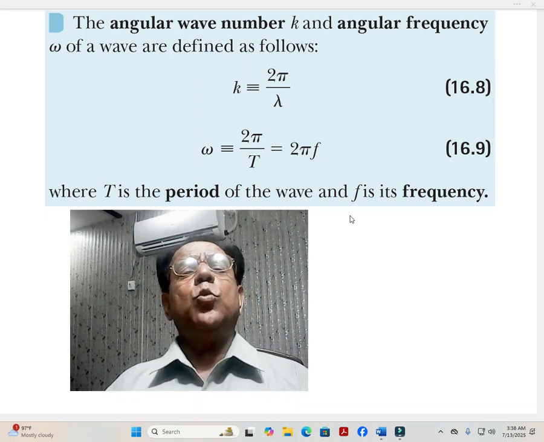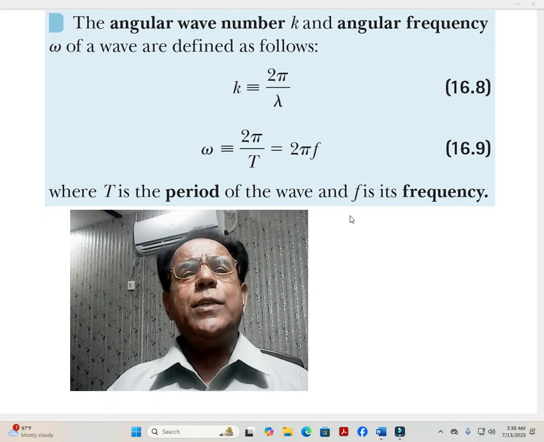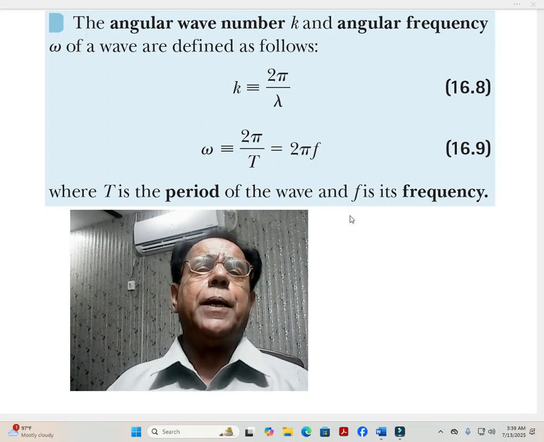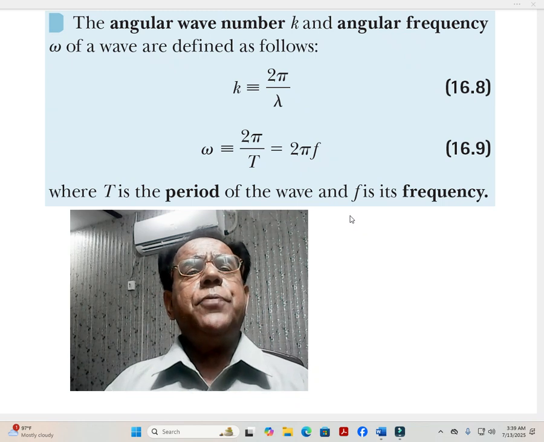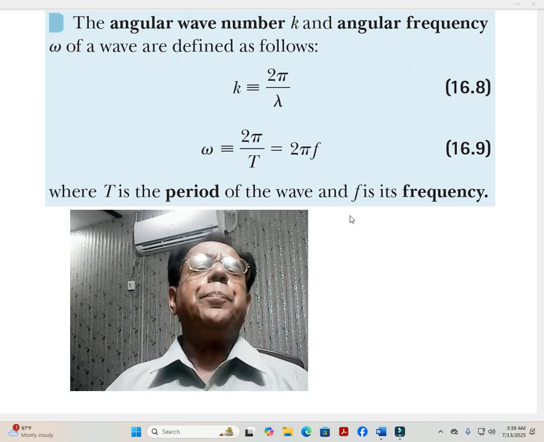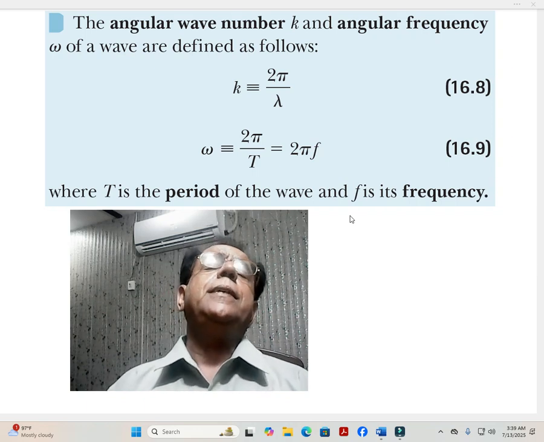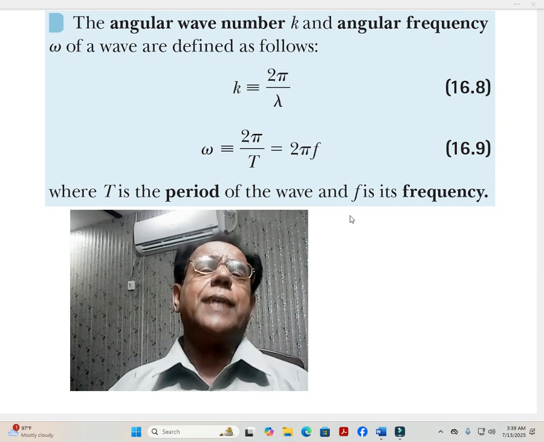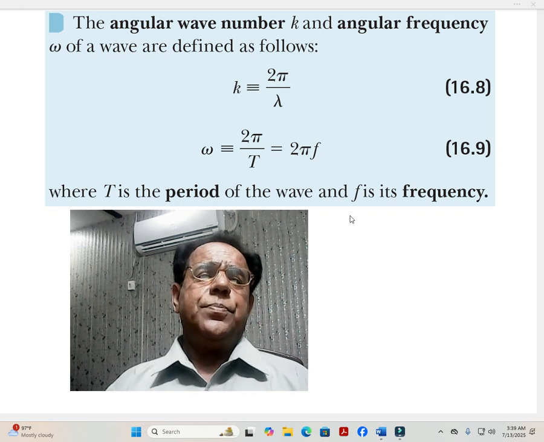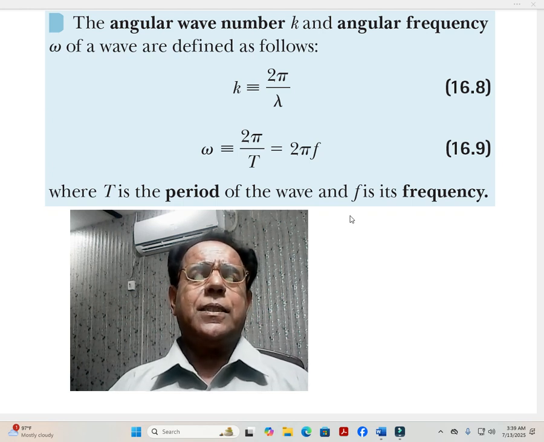The three lines denote that k may be treated as equal to 2 pi over lambda, or defined as 2 pi over lambda, or equivalent to 2 pi over lambda. Okay, these three lines convey such a meaning.